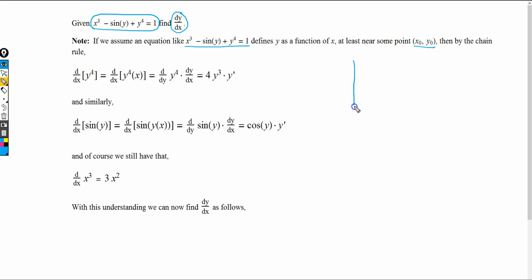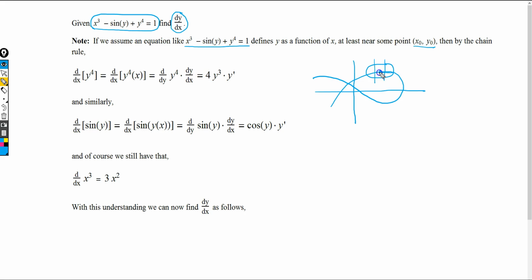For example, if we were to graph this equation, perhaps it would look something like this. Locally, near a point like this, x0, y0, y really can be found as a function of x, because locally, very close to that point, the curve does satisfy the vertical line test.